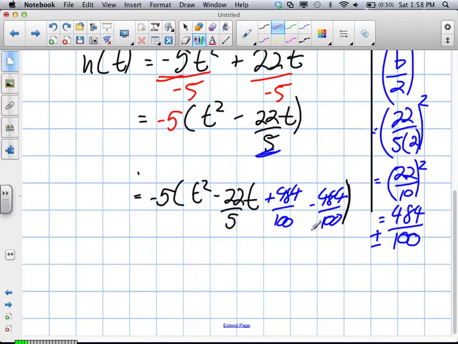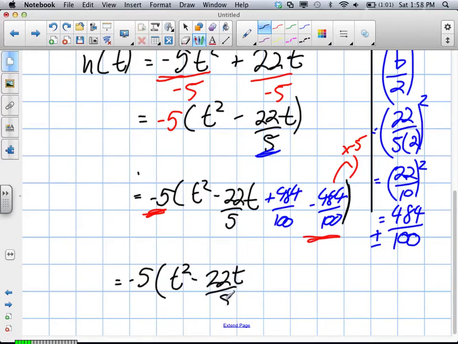We'll think through it. From there, we only need the positive term, so we're going to take the negative term outside. But when we do that, we have to multiply by the a value, so we multiply it by negative 5. So we get negative 5 times t squared minus 22t over 5 plus 484 over 100, and then 484 times negative 5 gives a positive.